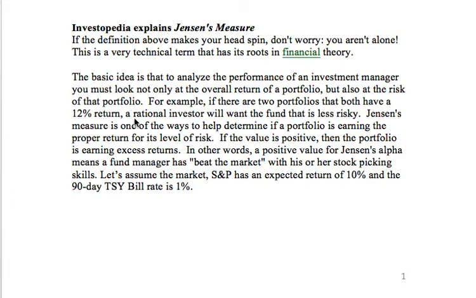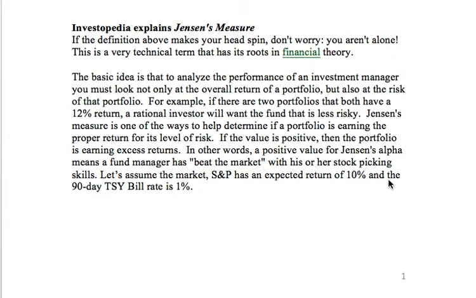So here we look at two portfolios at 12%, and then let's make an assumption. Let's assume that the market, and we'll look at the market from the standpoint of the S&P, has an expected return of 10%.